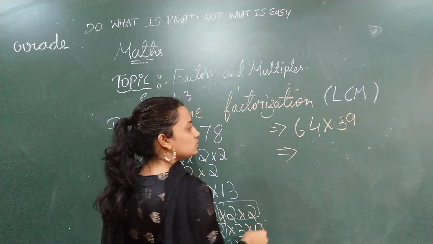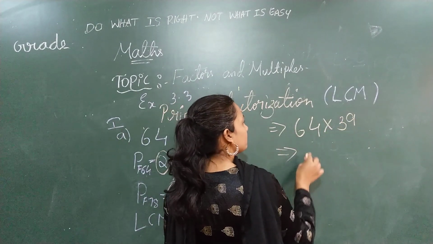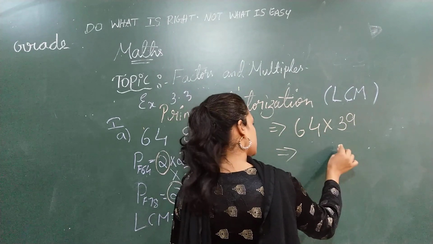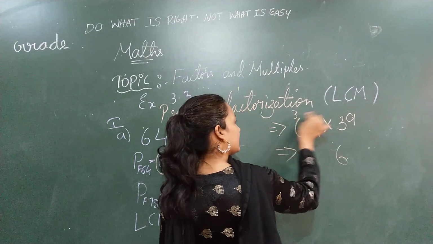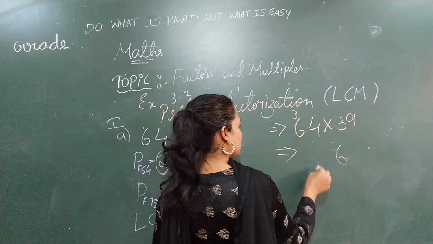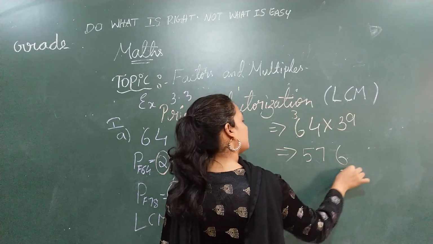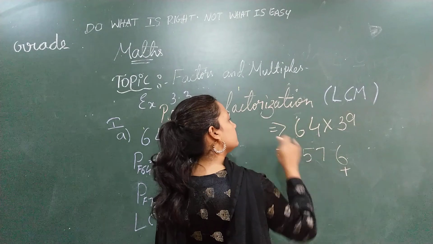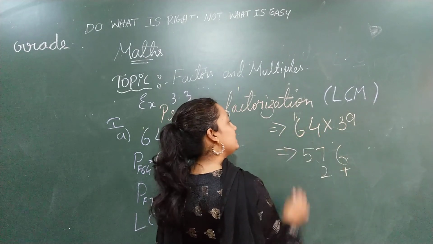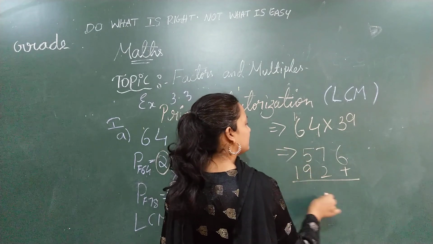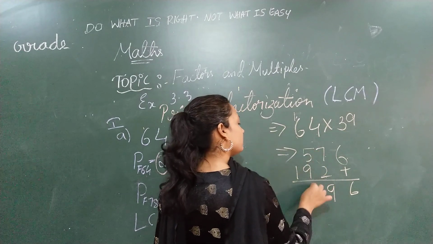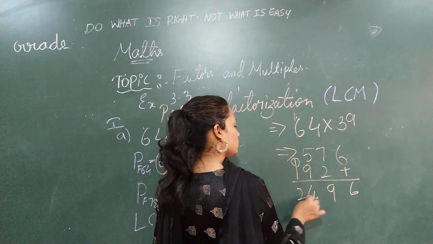Now if I multiply this by 13, what do I get? 3 times 192 is 576, and 192 plus 576 is 2496.